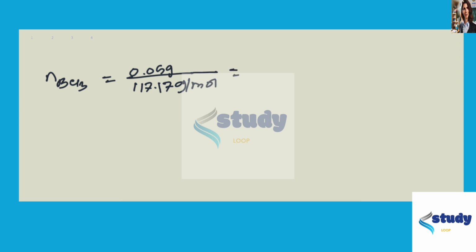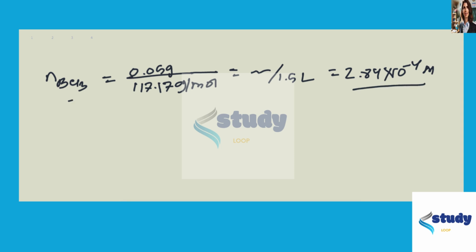Then dividing that number of moles by the volume of the solution, which is 1.5 liter, we can find the concentration of the added BCl3, and it will be 2.84 times 10 to the minus 4 molar. So this is the concentration of the BCl3 added.